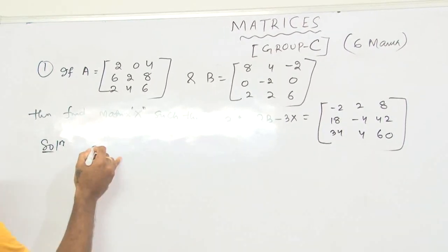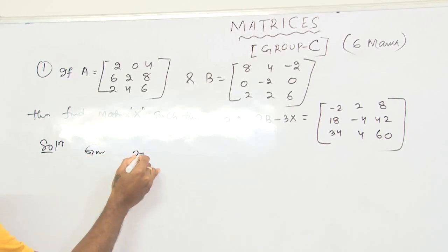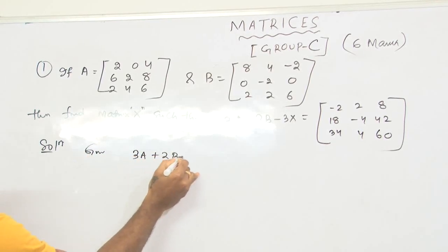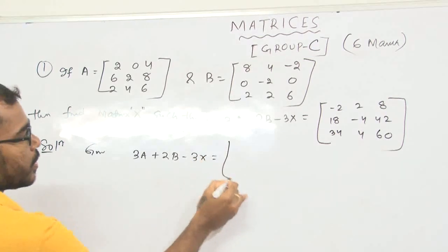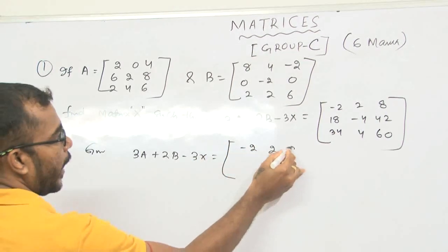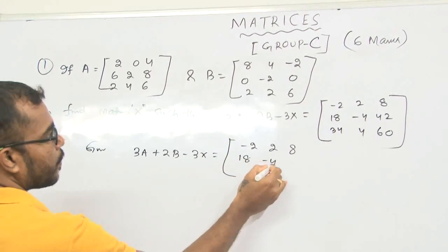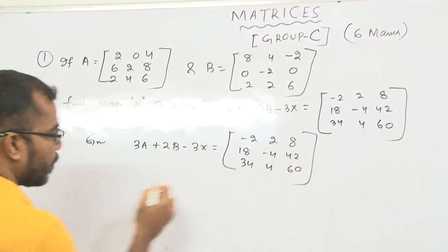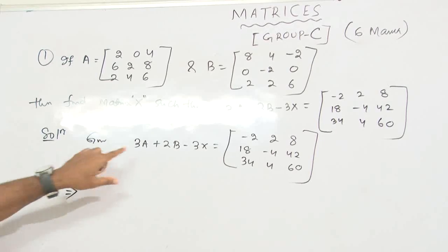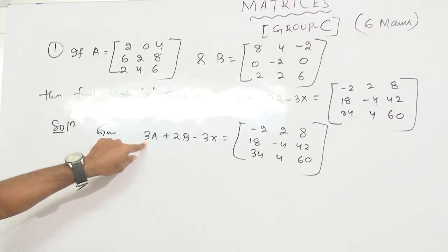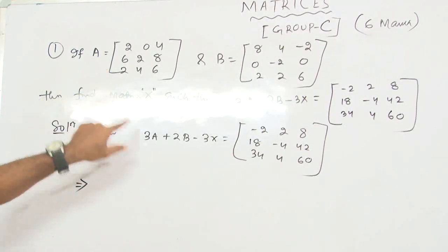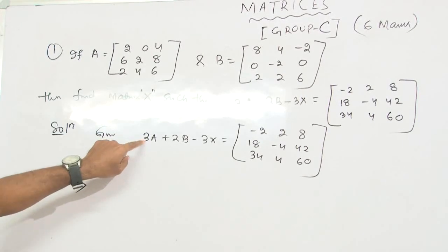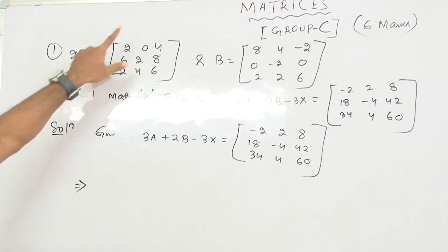Now the given equation is 3A plus 2B minus 3X is equal to minus 2, 2, 8, 18 minus 4, 42, 34, 4, 60. Here the first term is 3A. Here A is the matrix and 3 is a scalar, so 3 is multiplied into every element.